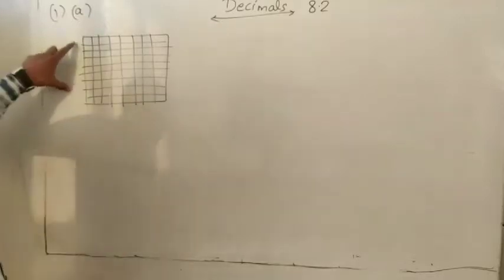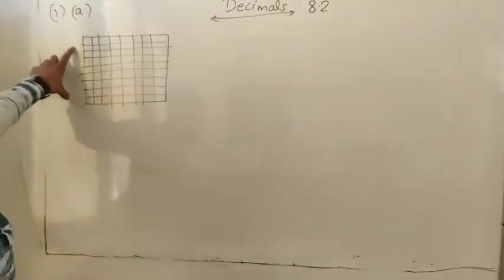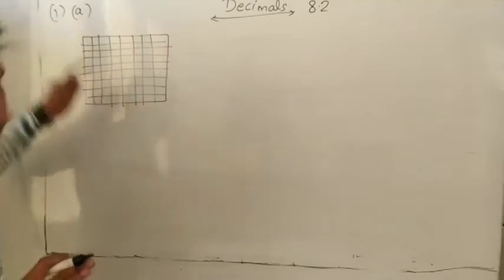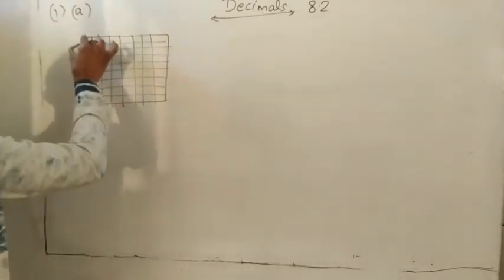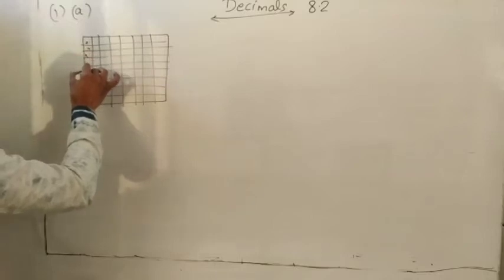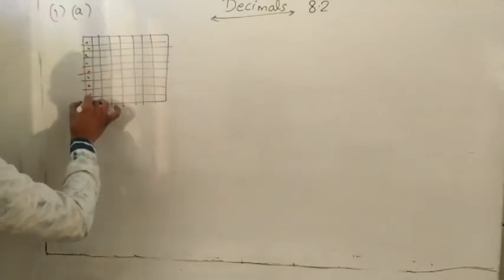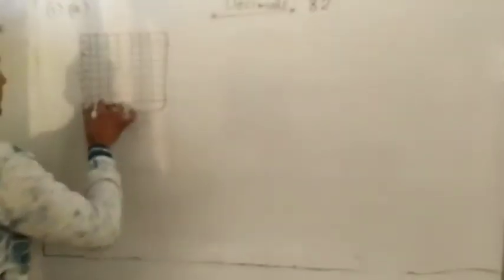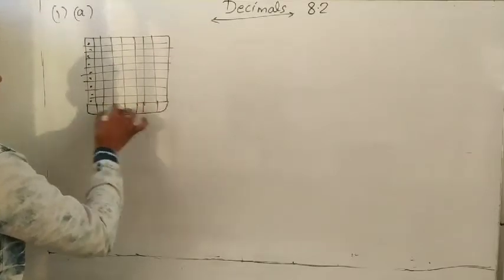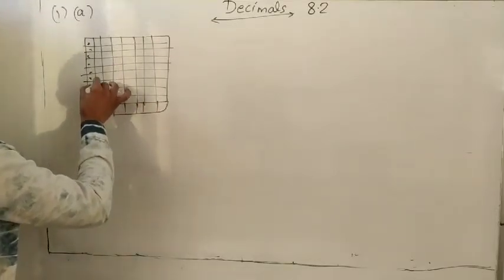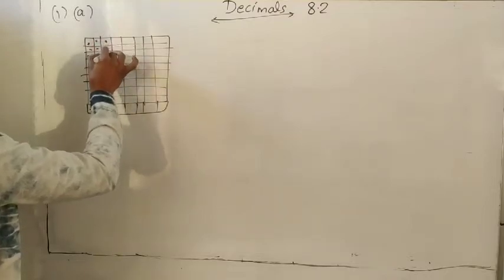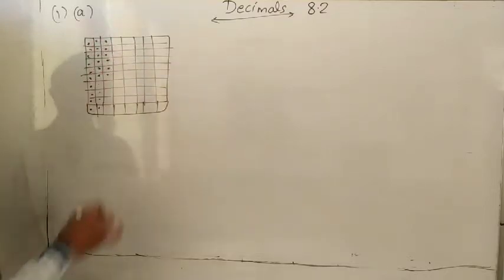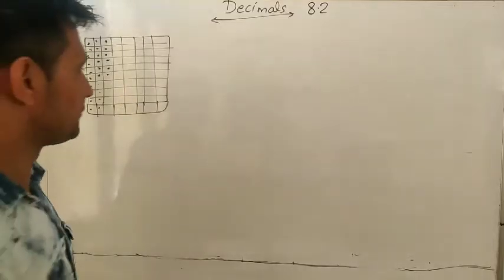And we observe in this there are 100 boxes given. Some of these are filled in, 1, 2, 3, 4, 5, 6, 8, 9 and 10. And a table is given.